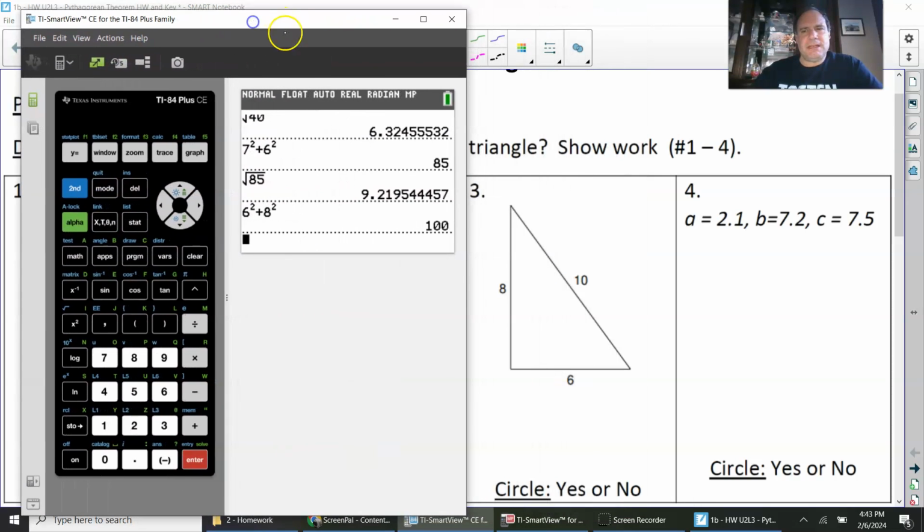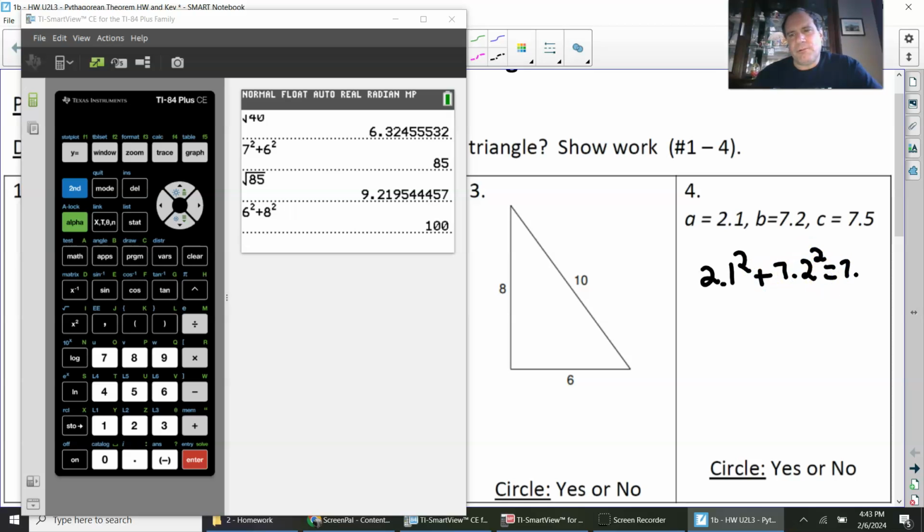Let me do something like number 4. Remember, number 4, A, B, and C already given to you. So you're going to put 2.1 squared plus 7.2 squared equals 7.5 squared.